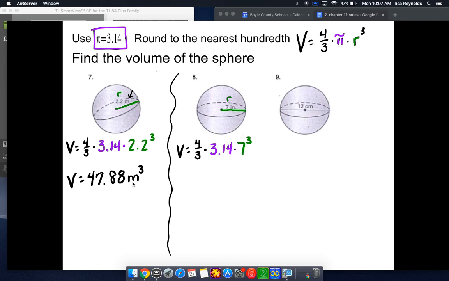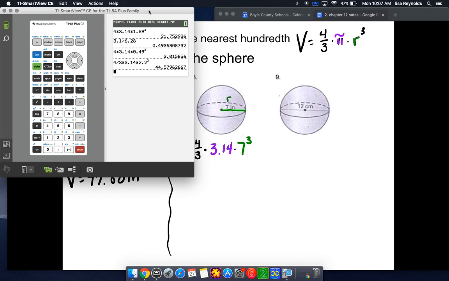We have the numbers, so we calculate. 4/3 is 4 divided by 3 times pi. We're told to use 3.14 times our radius value of 7, and it is cubed.